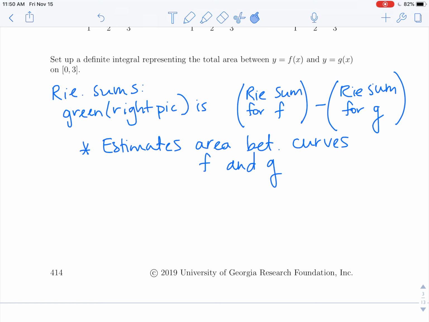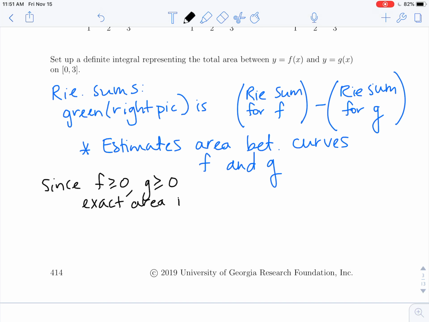So if we want the exact area between the curves, at least in this example where everything is staying above the x-axis, since f is greater than or equal to 0 and g is greater than or equal to 0, at least in terms of our visual making sense here, the exact area is area under f minus area under g.